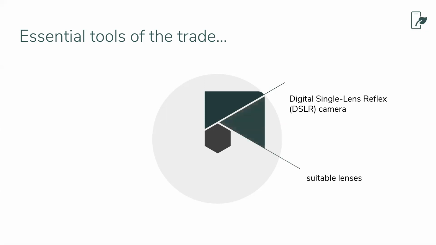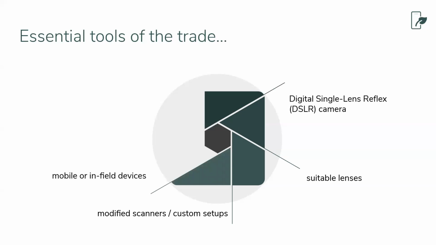You might also have complicated scanners or modified setups. For example, if you have a herbarium, you might have a tripod mounted DSLR to capture your plant specimens on a flatbed. And we've touched on mobile phones, of course, and in-field devices. But as Greg mentioned earlier, there are other devices out there apart from mobiles, such as digital cameras, the smaller handheld devices that might support your photography in your collection.